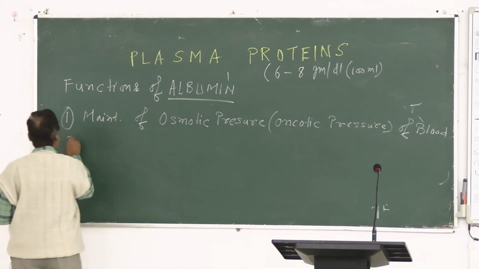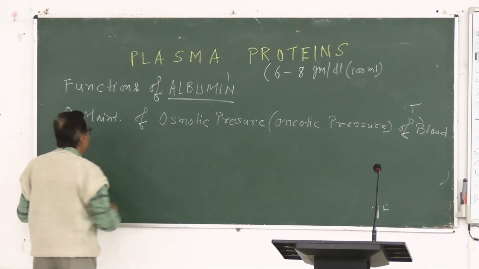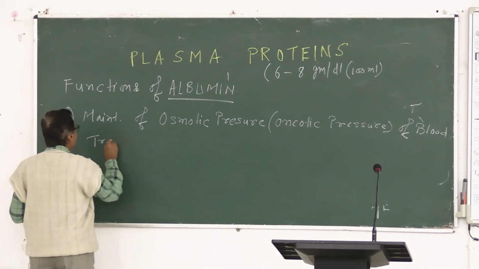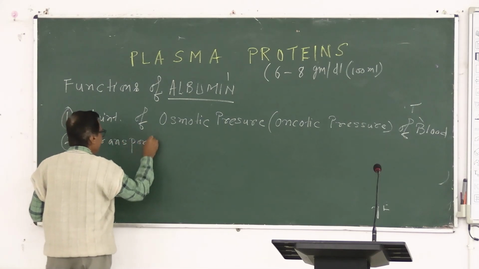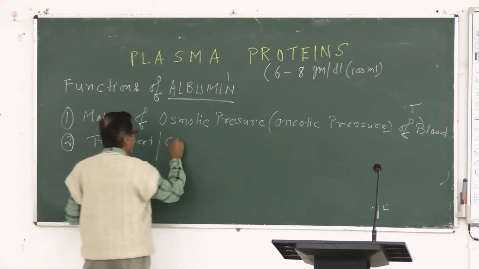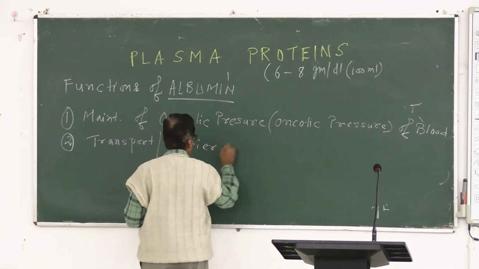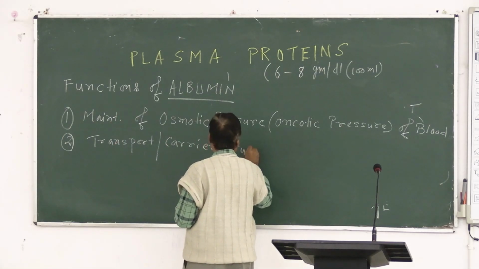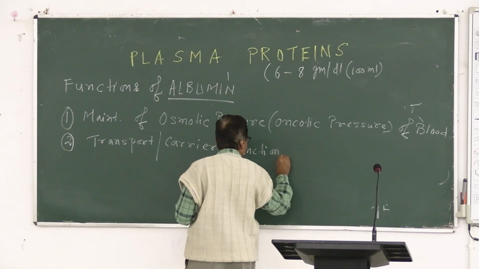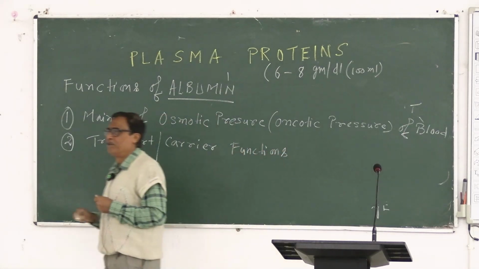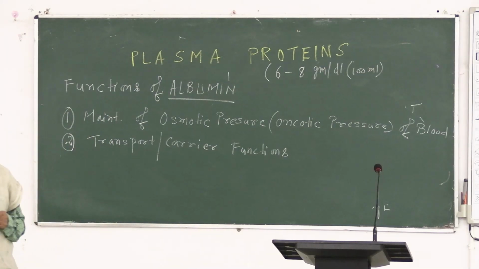Number 2, transport function. Various molecules are carried by albumin. What are the molecules transported or carried by albumin? Many molecules. One of them is bilirubin.